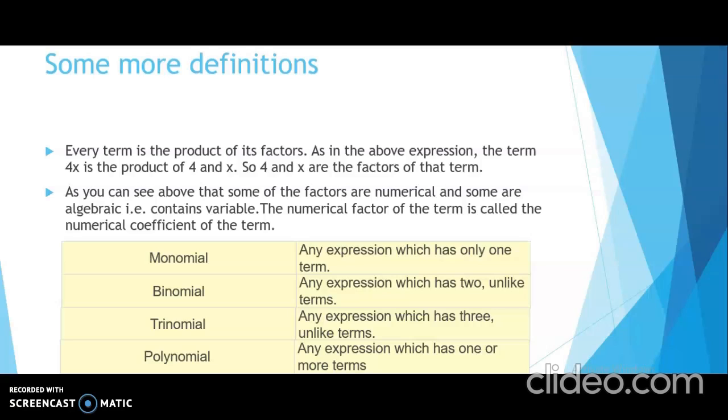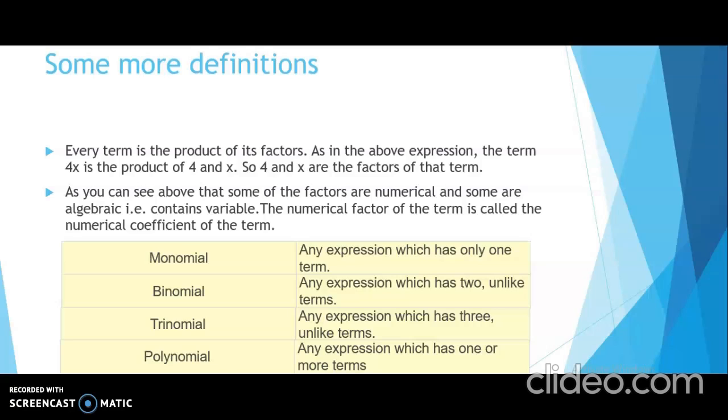And one more thing let me tell you. Please pronounce them properly. Even I said mononomial, no, monomial, yes. Binomial, trinomial, polynomial, yes. So monomial is an expression which has only one term. Binomial is an expression which has two unlike terms. Lot of difference between term, unlike term, like term.